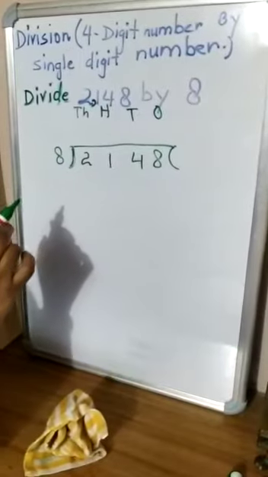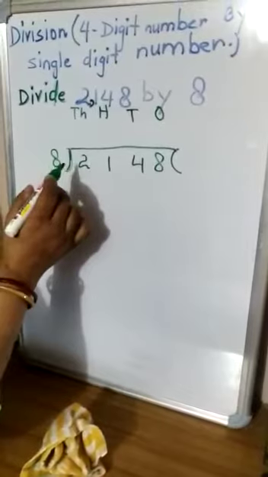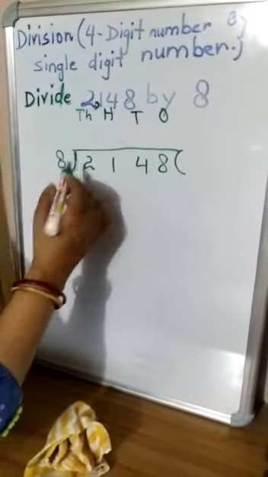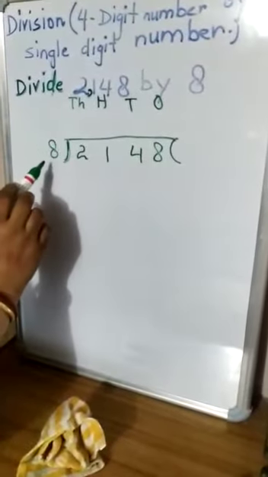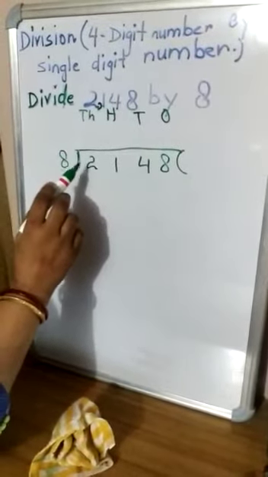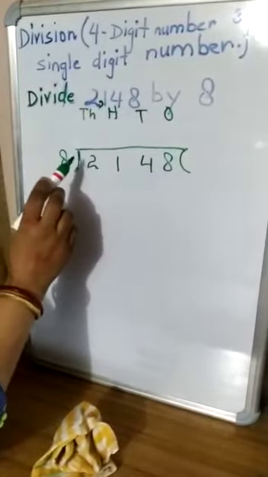Now the second step: we start with the extreme left side of the dividend. This is the right side of the dividend and this is the left side of the dividend. So we will start from the extreme left side, that is with the highest place value digit.